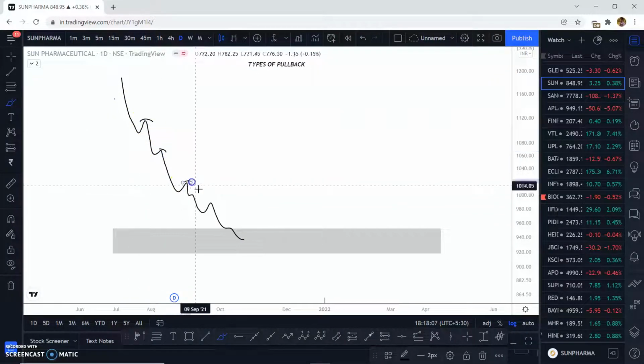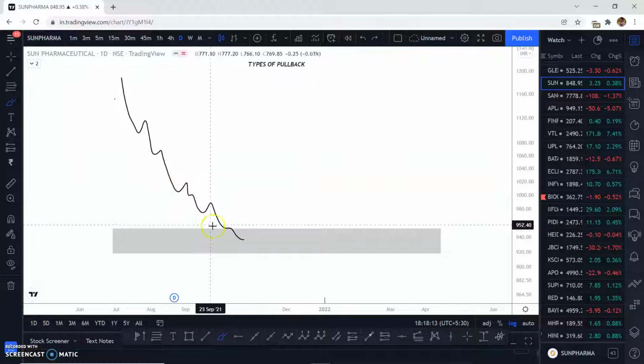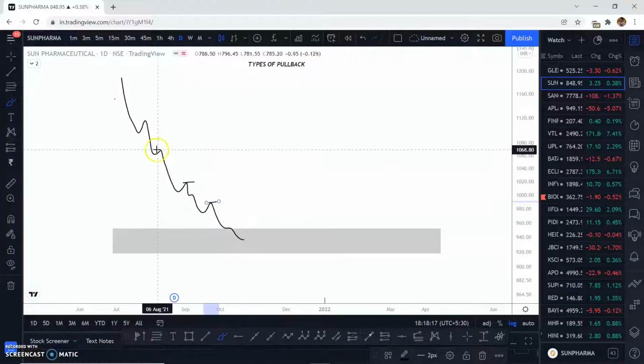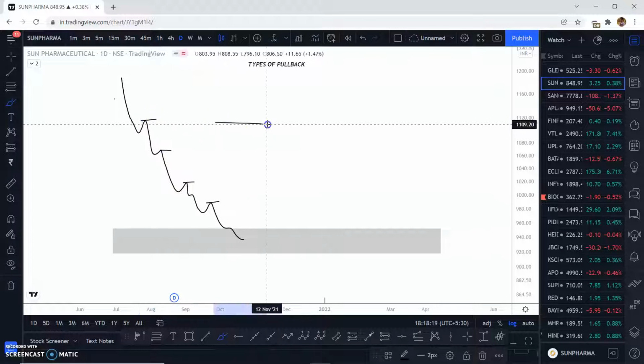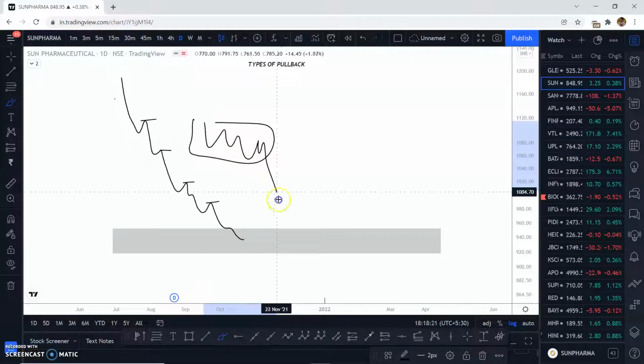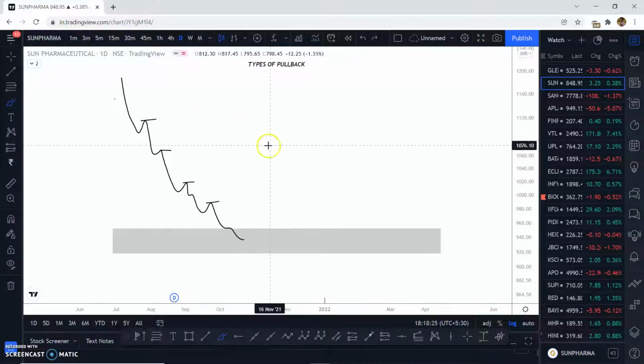Then we have highs. Okay, so it is very clear to us that as the prices are falling down here, there is liquidity above, there is liquidity created, there is no selling being created, and the prices are falling down. Okay, so keep this in mind. No selling was created, only highs were created.